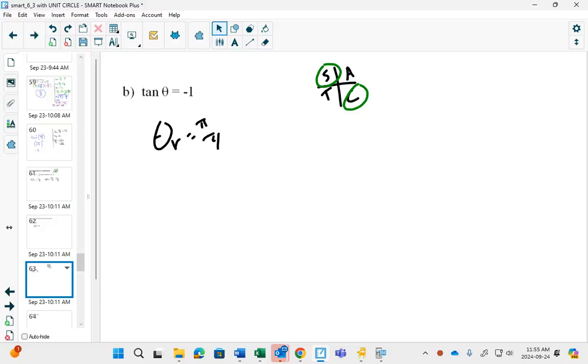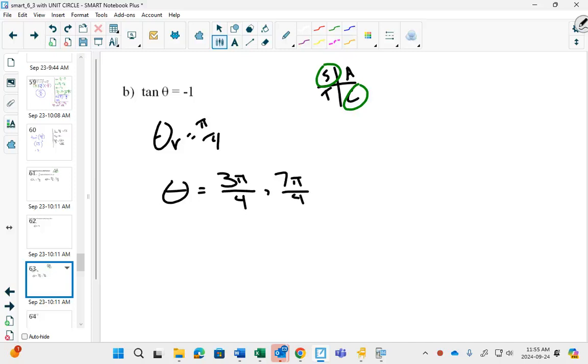So now we have to say, well, what pi over 4 family is in quadrant 2 and what pi over 4 family is in quadrant 4? And so your answer in quadrant 2 is 3 pi over 4. In quadrant 4 is 7 pi over 4.